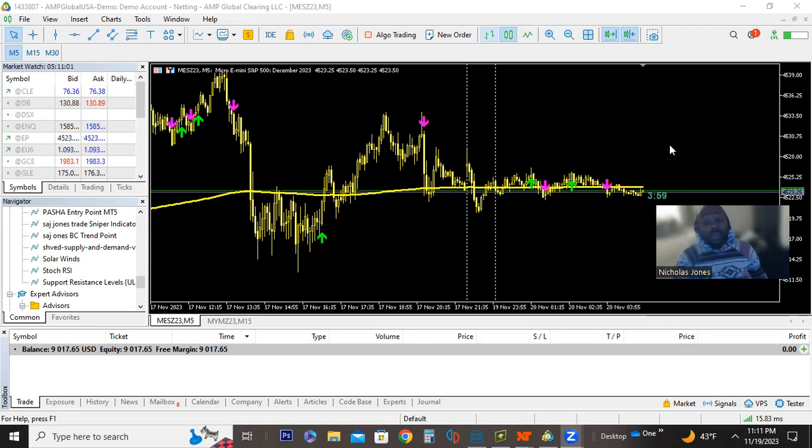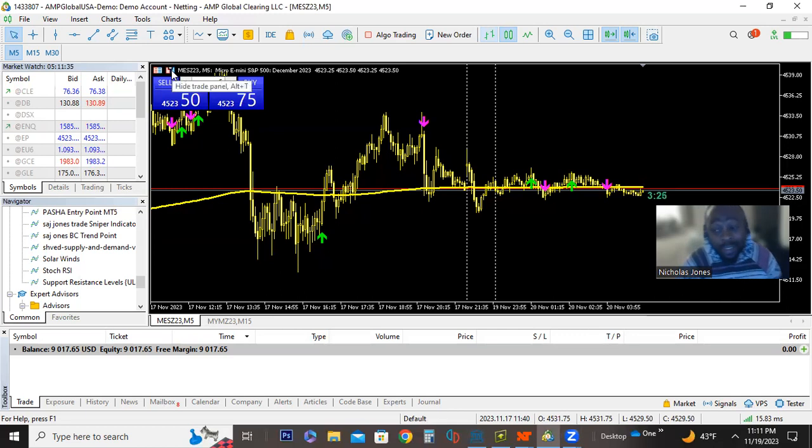Now futures contracts are completely different. With futures contracts, you're trading a contract, but that contract is worth a certain amount of money. As I'm looking right here, with the micro E-mini S&P, the micro E-mini S&P is a smaller contract, a smaller amount.